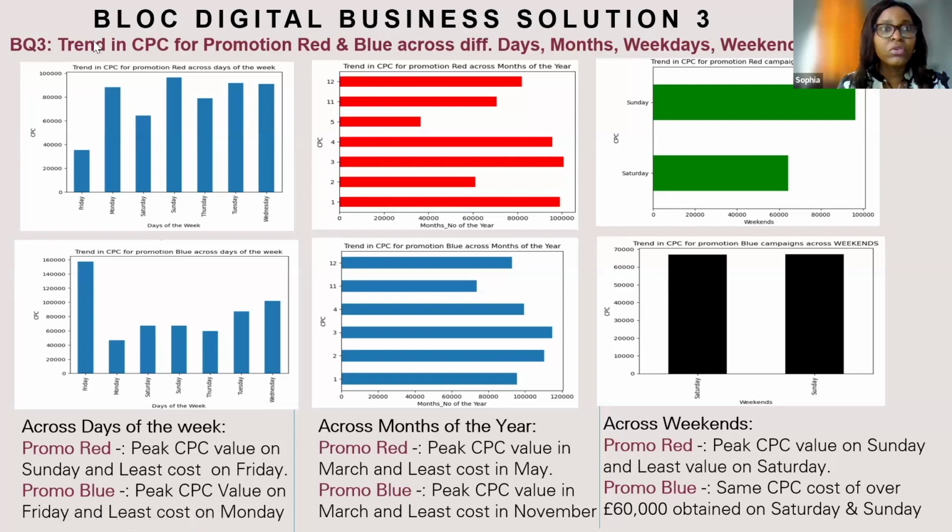Since I was told to obtain the trend, after analyzing the results from each of them, because this is for the day, this is for the month, this is for weekends, I was able to perform some analysis from the results of the data sets.